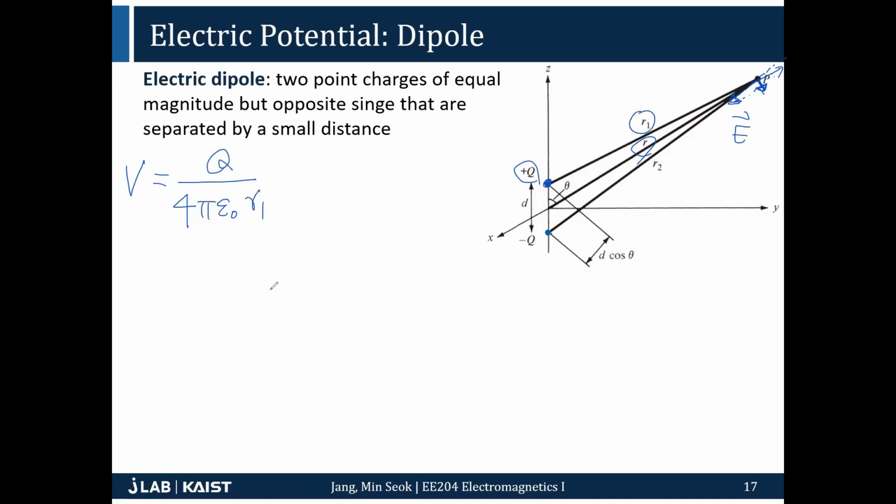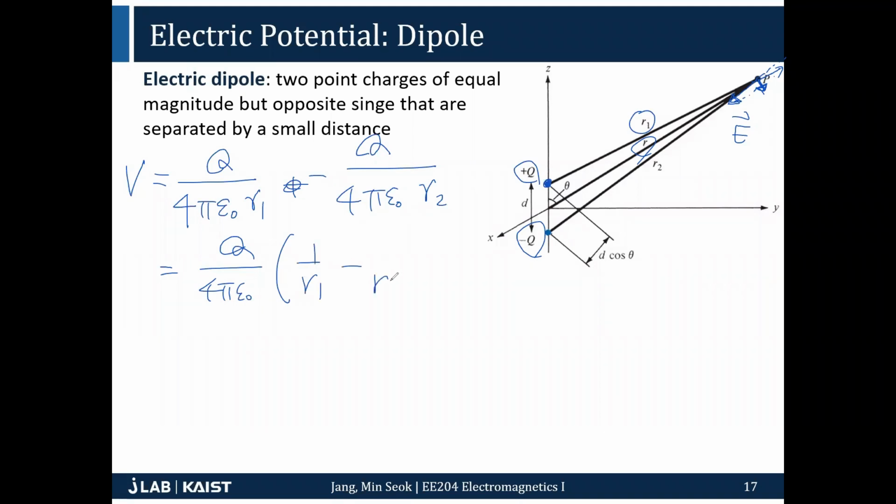This is R1. And the potential by this charge is minus Q divided by 4 pi epsilon naught R2, right? And then the sum is Q over 4 pi epsilon naught times (1/R1 minus 1/R2).